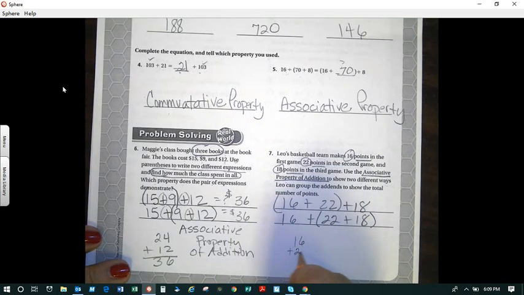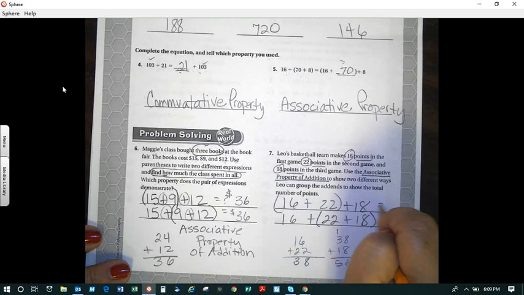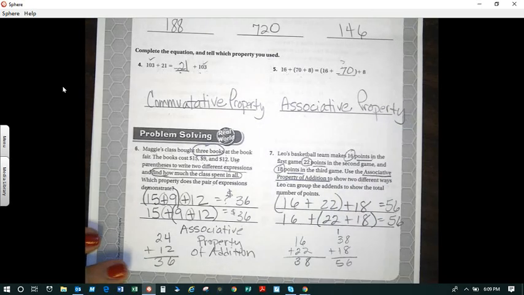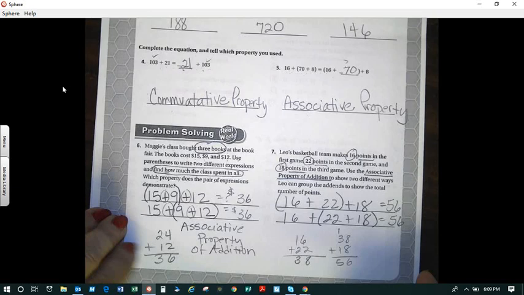For those of you that need to line it up, we'll do it this way. That's 38. I have 38 plus 18. It's 56. So in all three games, they made a total of 56 points. Way to go. So are you seeing a little bit better? Associative property means that the parentheses move.